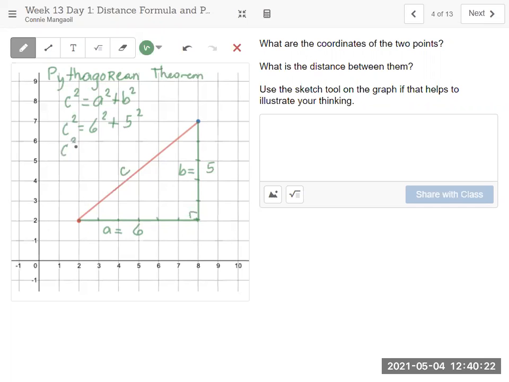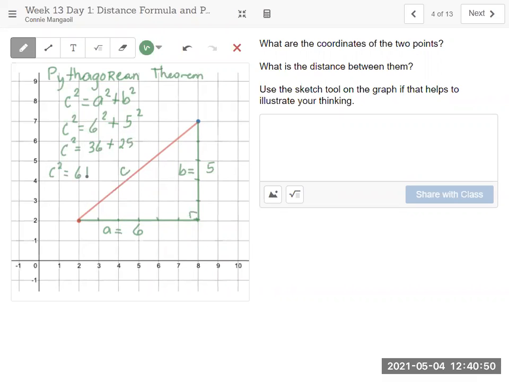What is 6 squared? 36. And what is 5 squared? 25. So we get C squared equals 36 plus 25, which is 61. You can use the calculator on top. So your C squared is equal to 61.